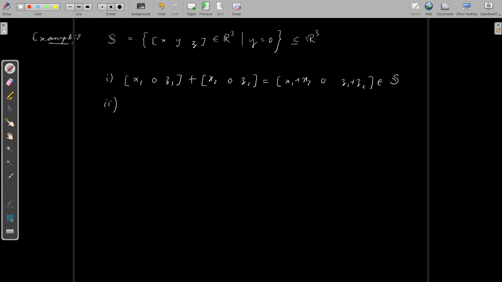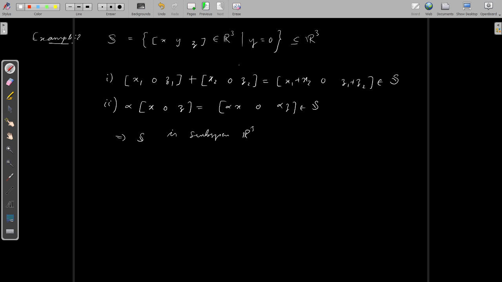The second one is, if you take alpha and multiply it with (x, 0, z), an arbitrary element in S, that will give (alpha x, 0, alpha z), that is also an element of S. So from this you can say that S is a subspace of R3.